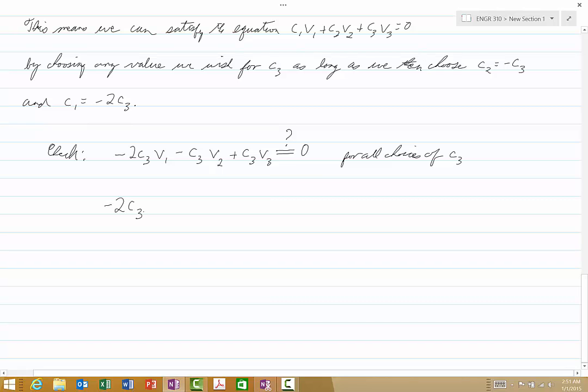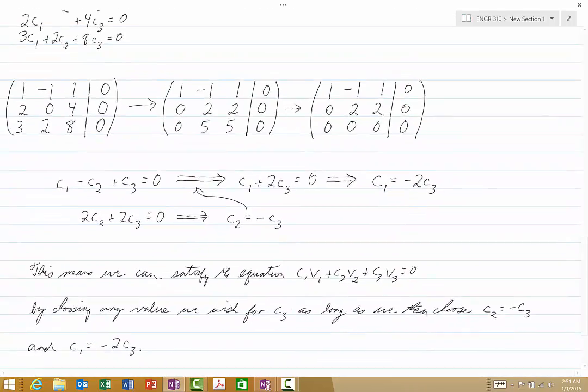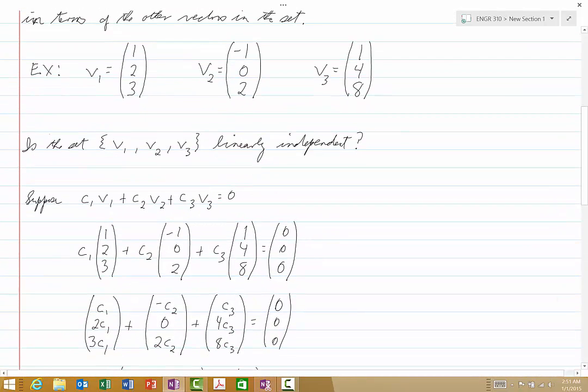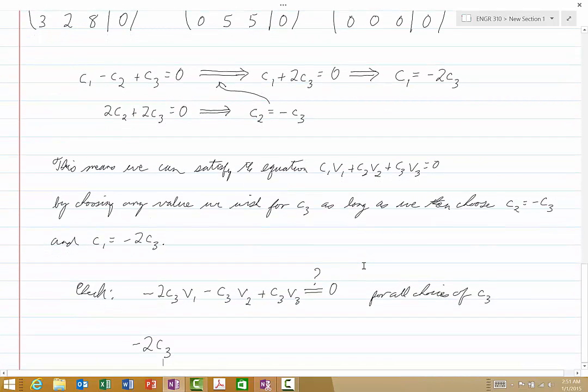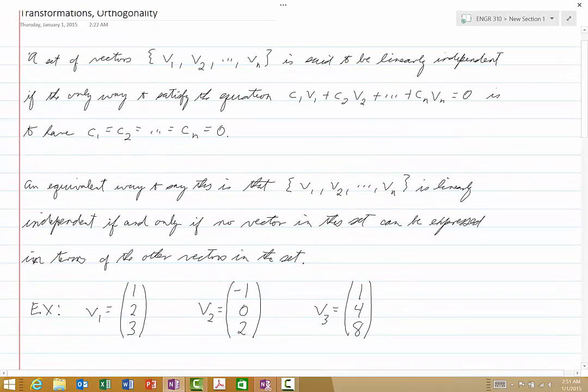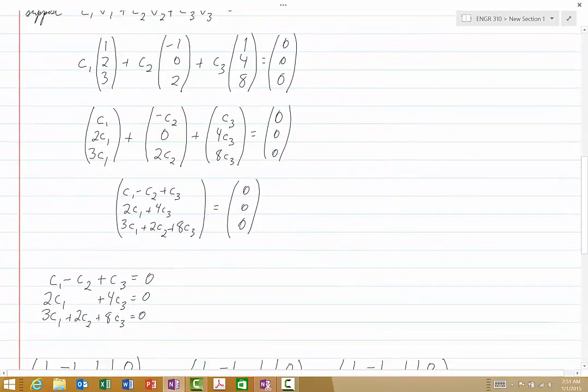Minus 2C3 times V1, and remember V1 is 1, 2, 3. Minus C3 times V2, and V2 is minus 1, 0, 2.